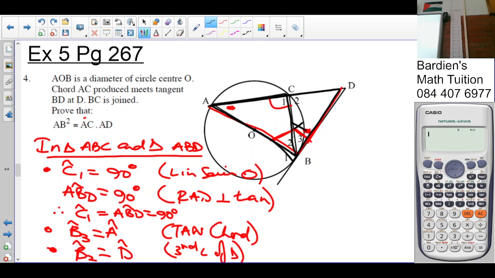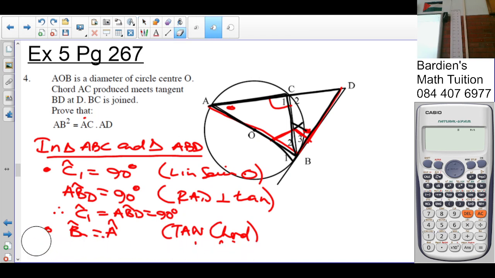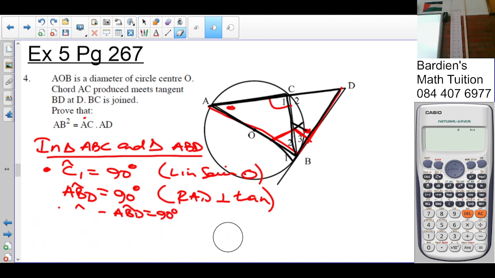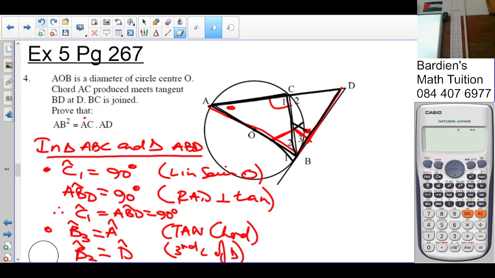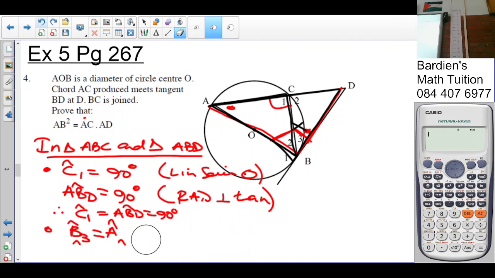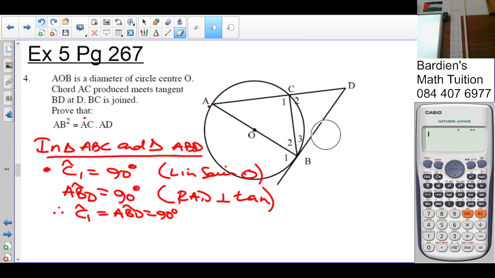B3 is unnecessary, so that is wrong. We needed a 90. The 90 is correct. The problem is here. Right, let's go again.